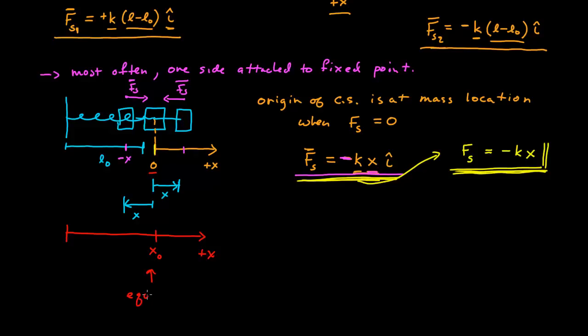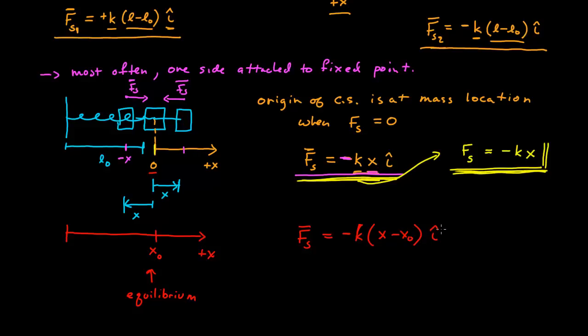This is the equilibrium position of the mass, because that is the point where the spring does not exert any force on the mass. Now in this case, the mathematical representation of our spring force is equal to negative k times the displacement x minus x naught along the i hat direction.